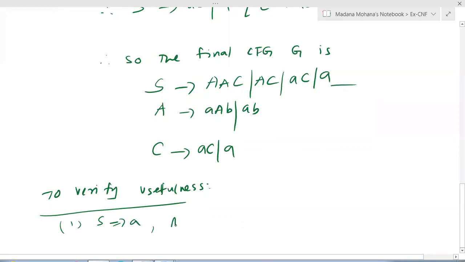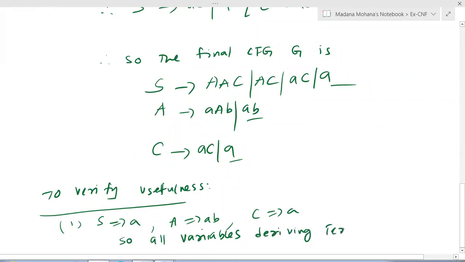Then A derives AB, a terminal string is there. Then C derives terminal A. So all variables are deriving terminal strings. So the first condition is satisfied.